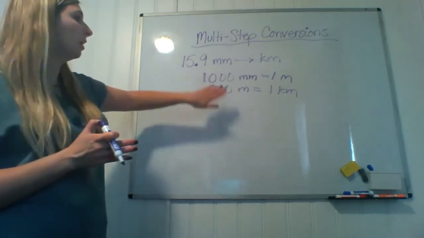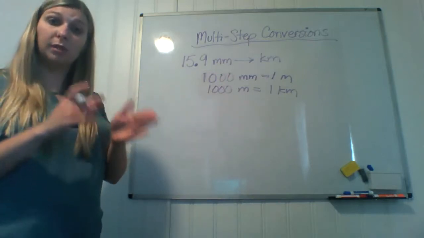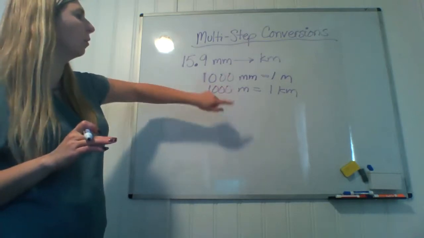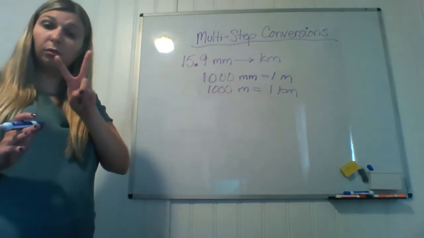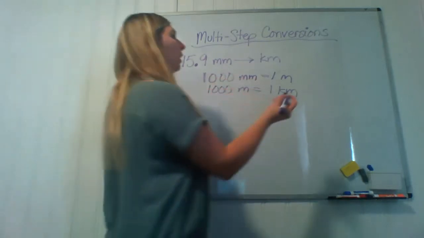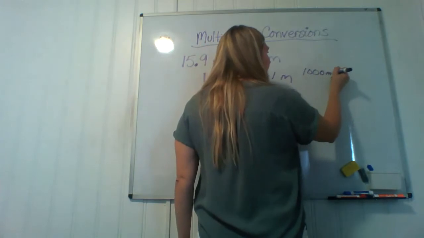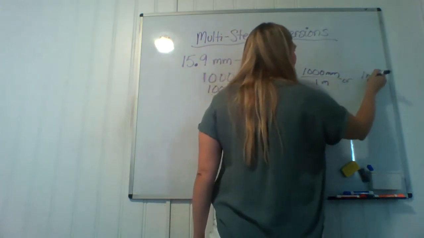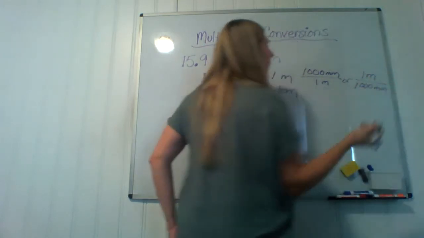So just by knowing the prefixes that we learned, we are going to use these as conversion factors. We're going to convert each equivalence into conversion factors to be able to take this into a multiple step conversion. Remember we said that every equivalence will have 2 conversion factors. So when we say 1,000 millimeters equals 1 meter, this is 1,000 millimeters per 1 meter, or 1 meter per 1,000 millimeters.